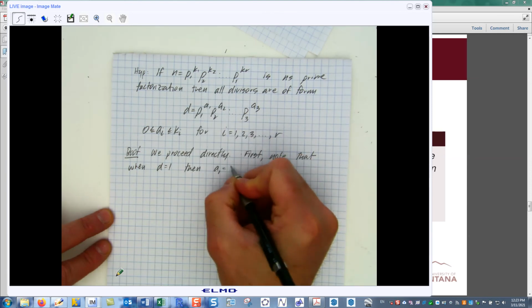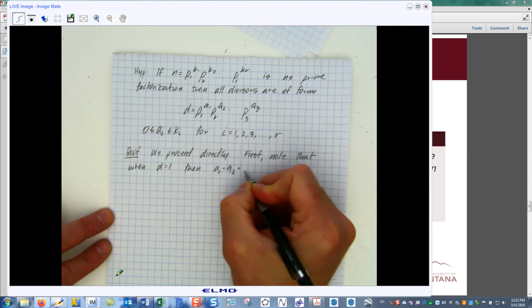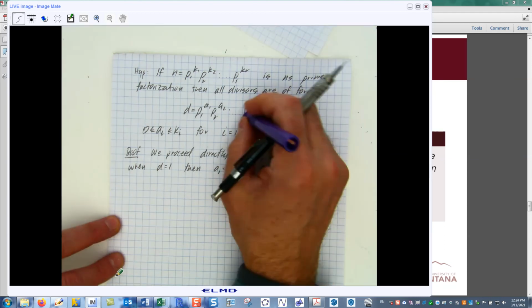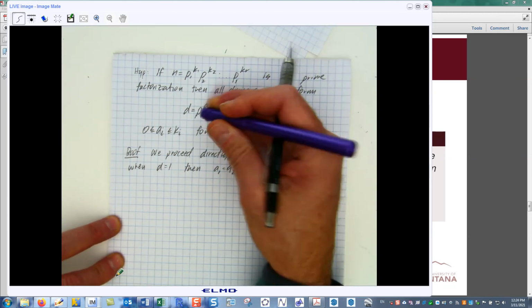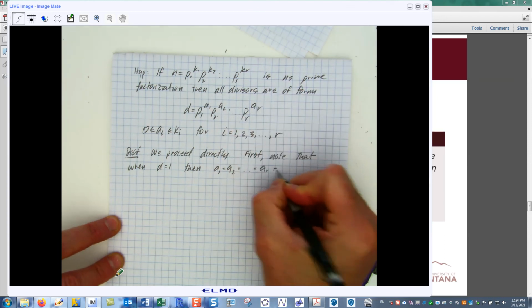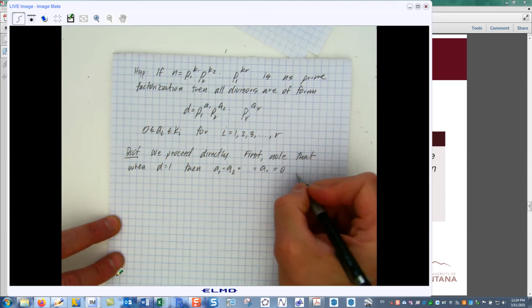So a_1 equals a_2 equals all the way up to a_r, and I shouldn't have written 3 here, I should have written r. All of those have to be equal to 0.